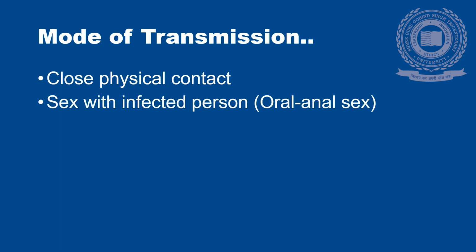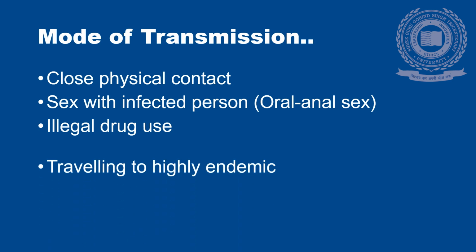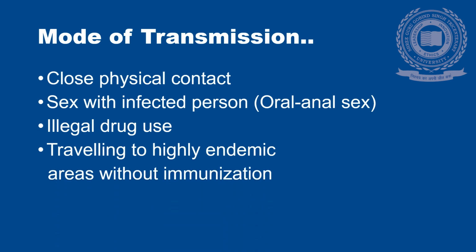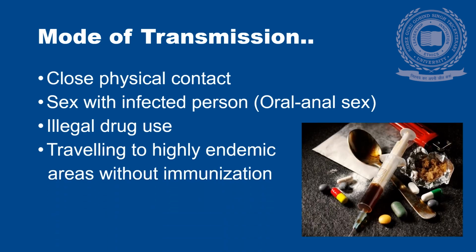Other modes of transmission include close physical contact, sex with infected persons like oral-anal sex, illegal drug users, and people living in low endemic areas when they travel to high endemic areas without immunization.